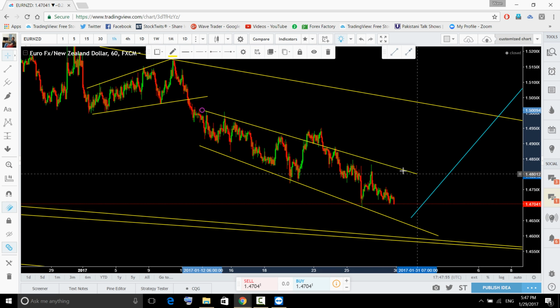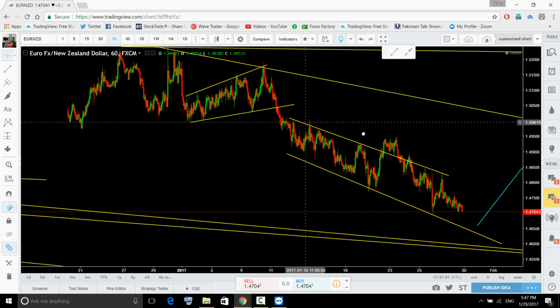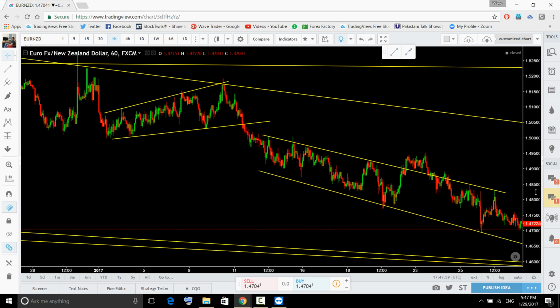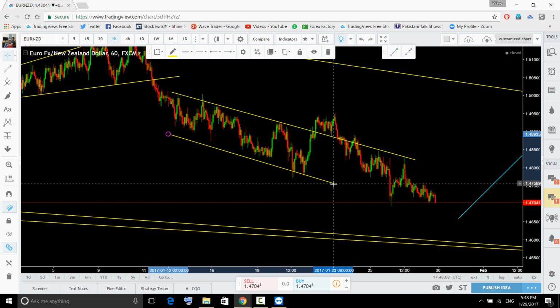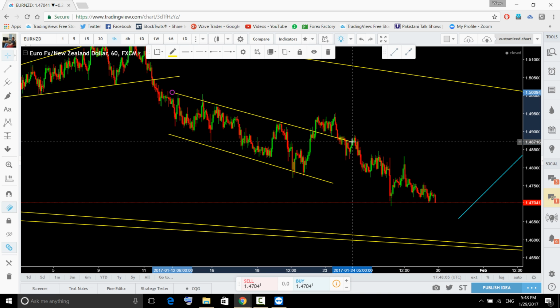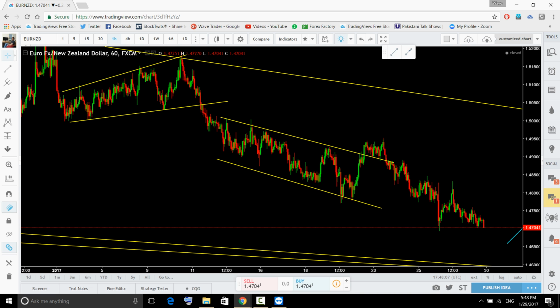You were looking for continuation when price was here, based on this trend continuation pattern, a breakout setup based on this pattern.